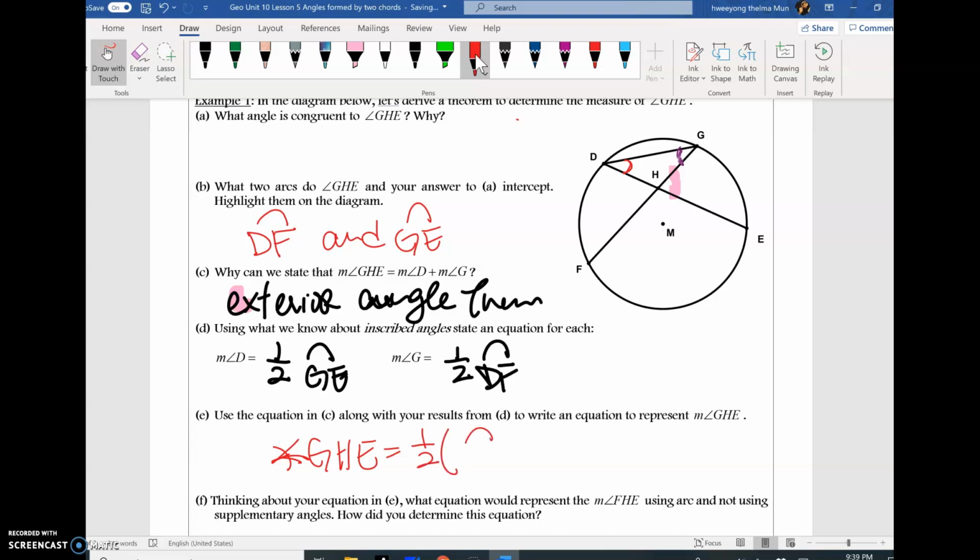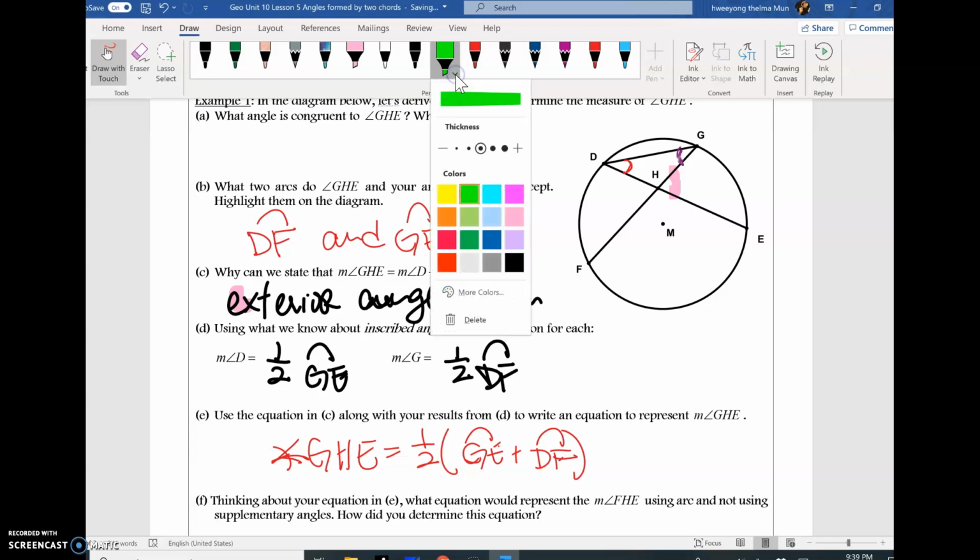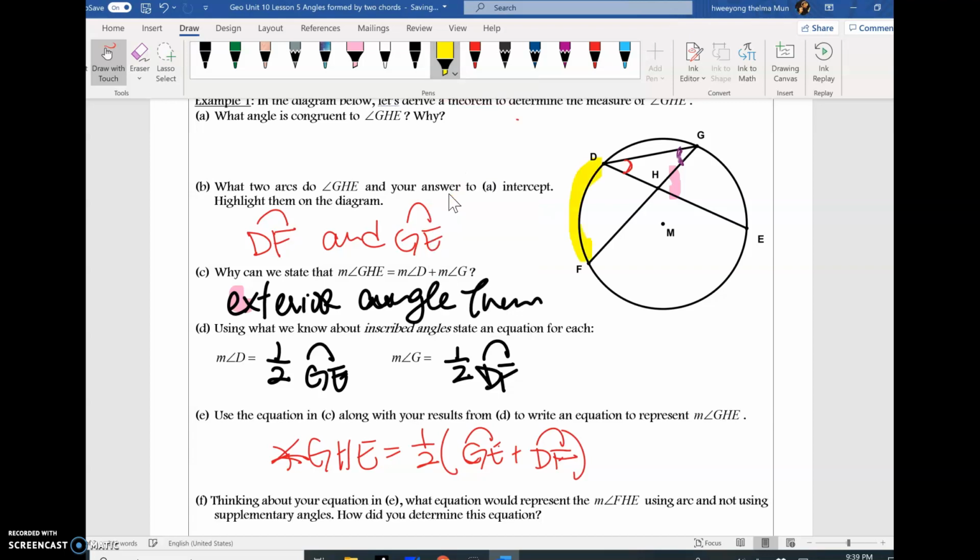So that's going to be 1/2 of arc GE plus arc DF. So what does that mean? Well, we can add up the two intercepted arcs and then divide by 2. So if we add this arc plus this arc, and then divide that by 2, then we get this angle.